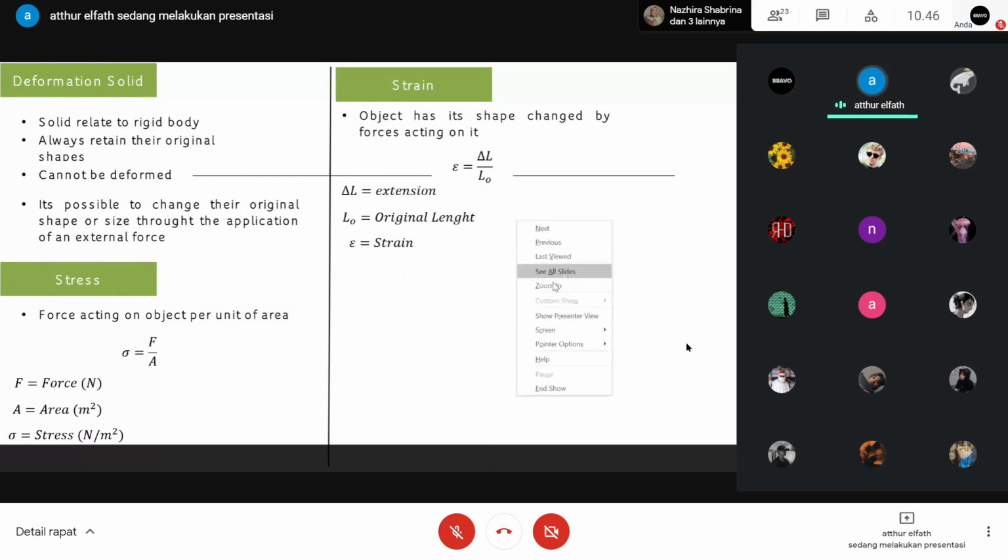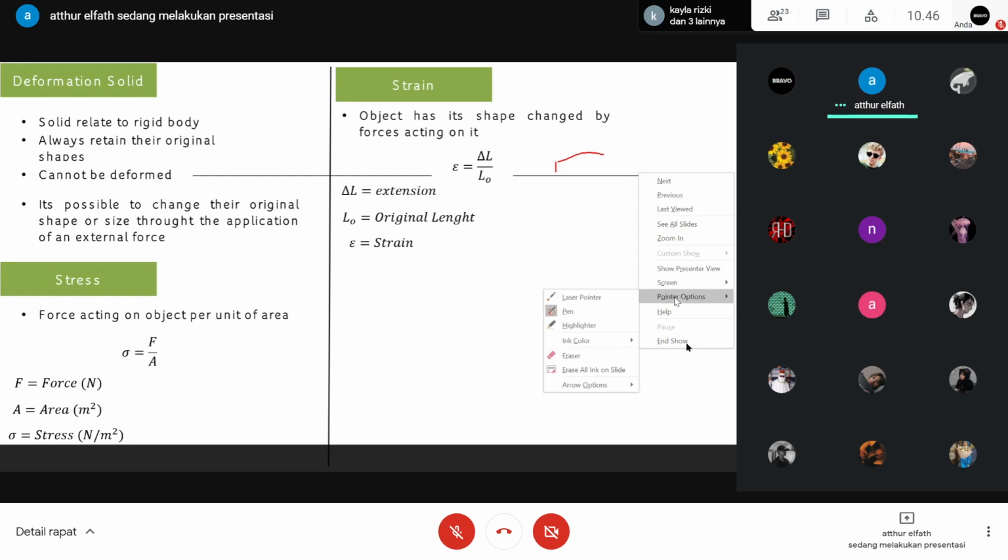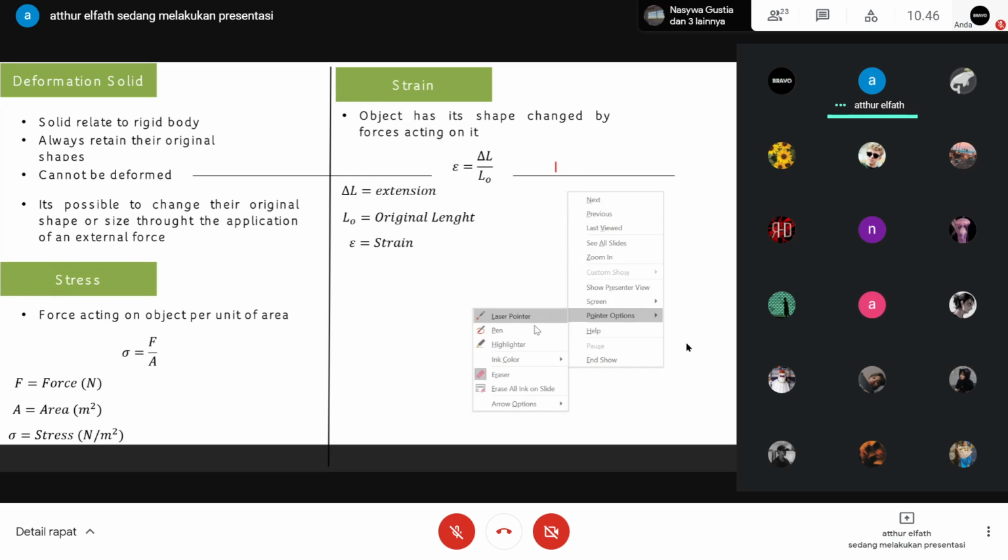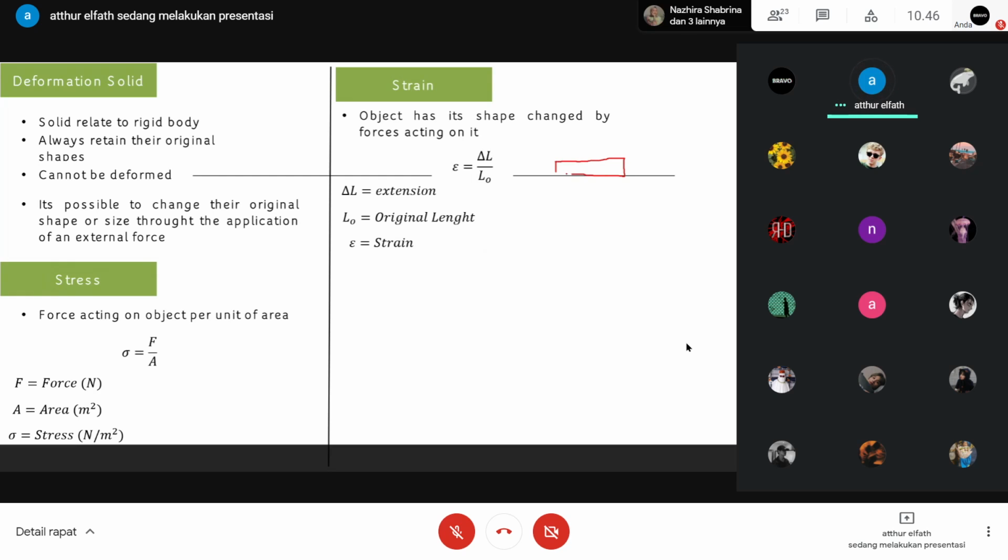Now let's say I have an object and the object has L0. Then I pull this object with an external force F, and let's say this object is rubber.